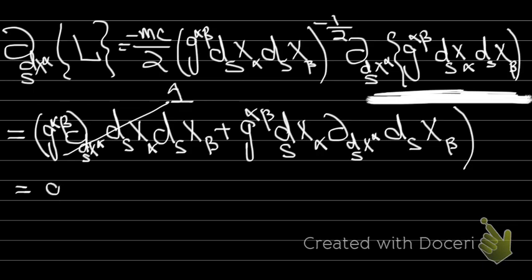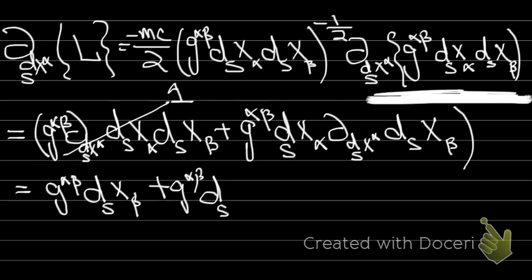And so what we are left with is g alpha beta, derivative with respect to s of x beta, plus g alpha beta, derivative with respect to s of x alpha, and the last term, right? What would that be? That would be simply your delta function, that is delta alpha beta, right?